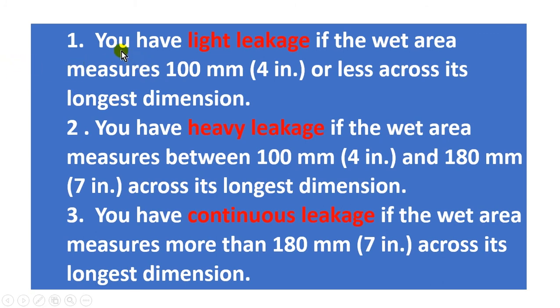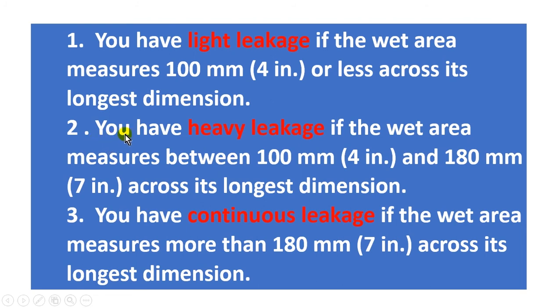Number 1, after you measure the distance, you have light leakage if the wet area measures 100 millimeters or less, 4 inches approximately, or less across its longest dimension.